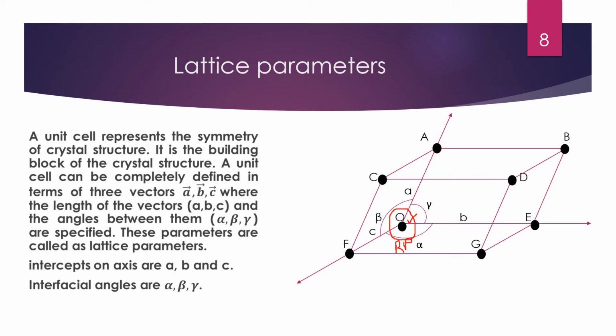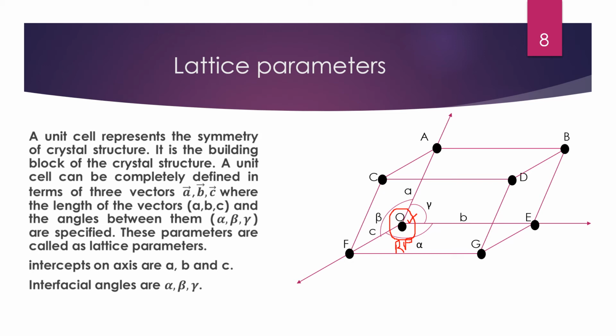Then the minimum distance to the next lattice point along any axis is defined as the length of the vector.